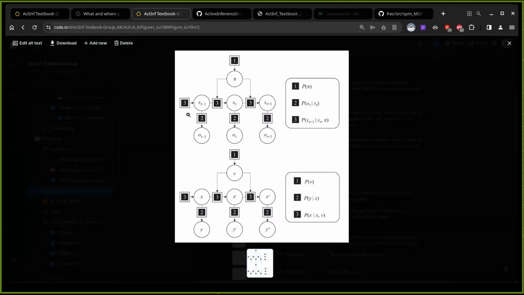And so it's not the case that all variables have an edge to each other. First off, that would cause connections through time, which would violate the Markovian property, which says that the only way that the past can influence the future is through the present.